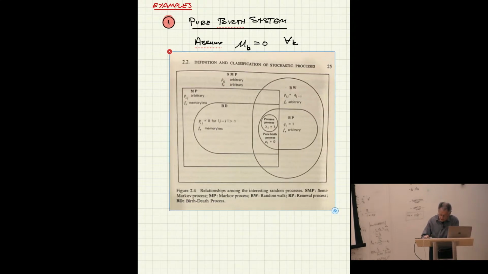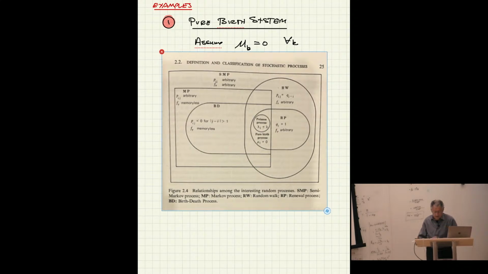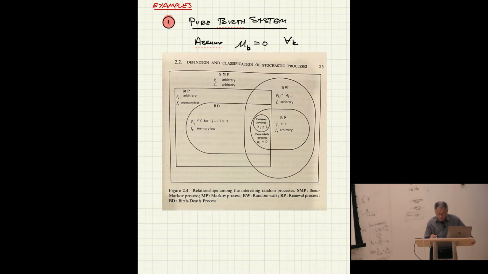Remember this picture here. I gave you this general stochastic process picture to give you an idea where we're going. Where we've been is we jumped rather quickly into Markov processes, discrete and continuous time. Just now we've been talking about birth-death processes, but now I'm going to take you to the pure birth process, which says, as is shown here, that the death rate is 0.